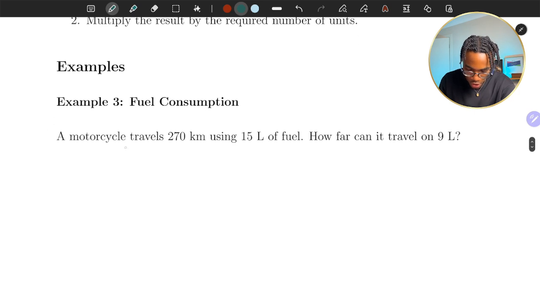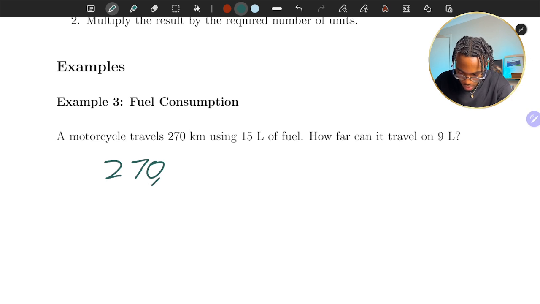A motorcyclist travels 270 kilometers using 15 liters of fuel. How far can it travel on 9 liters? So the rate is 270 per 15 liters. All we're going to do is find the amount for 1 liter, and then times it by 9 to get the amount for 9 liters.